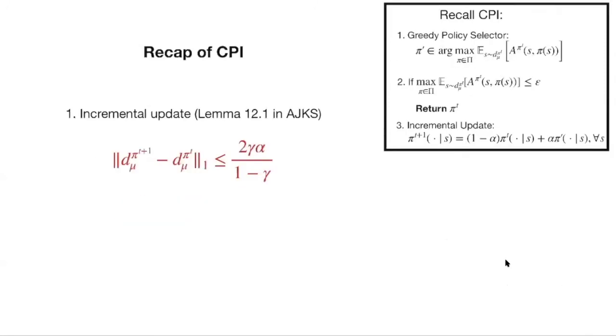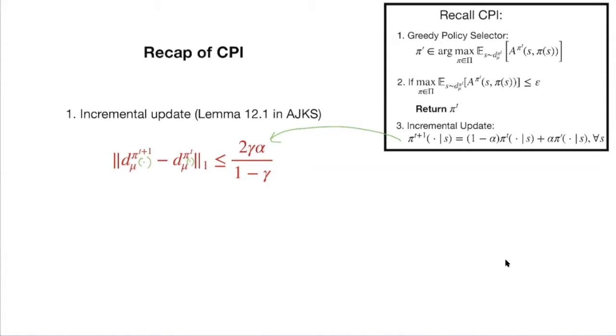And the guarantee we have is, first, about the incrementalness of the policy update. What we said is that if we update pi t plus 1 based on this particular update procedure, then we can guarantee that the state distributions between these two, their L1 distance, in other words their total variation distance, is bounded by alpha, this small step size, times the amplification, which is 1 over 1 minus gamma.